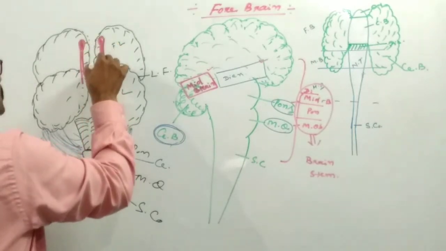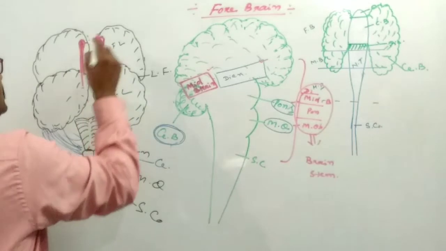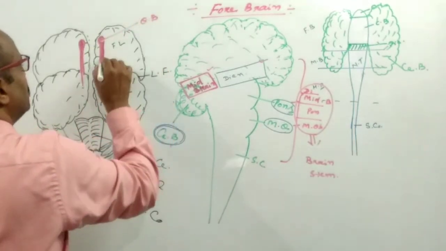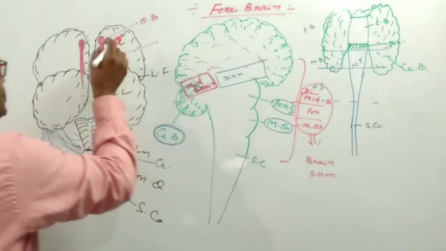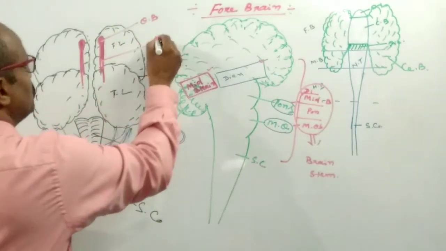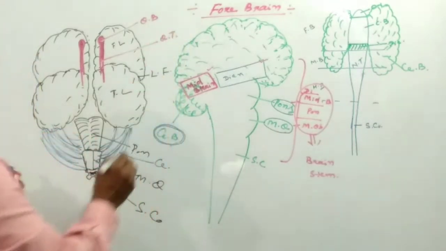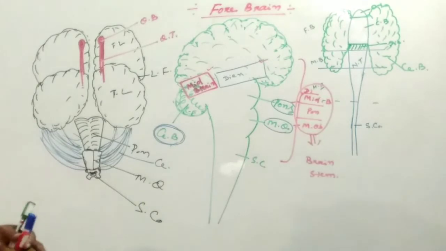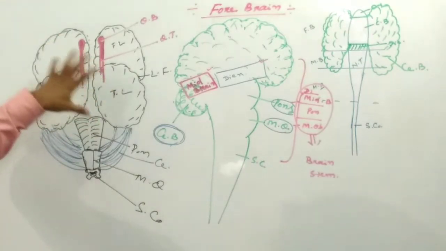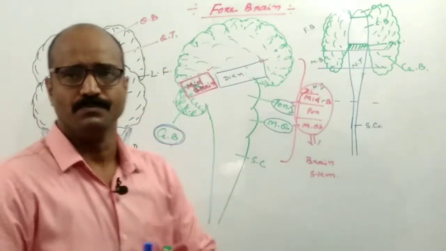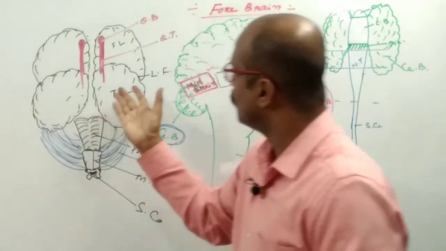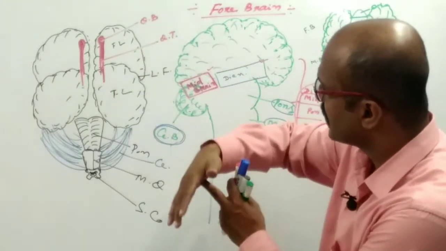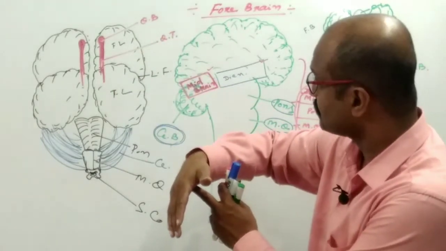olfactory lobe, which is club shaped. In the anterior region it has the bulb, which is known as the olfactory bulb, and in the posterior region it is a slender rod-like structure known as the olfactory tract. The olfactory lobe is totally covered by the cerebrum. One pair of olfactory lobes is present in humans, at the ventral side of the brain.